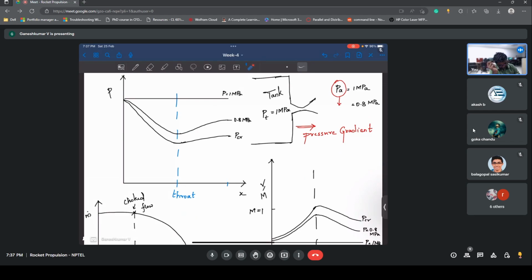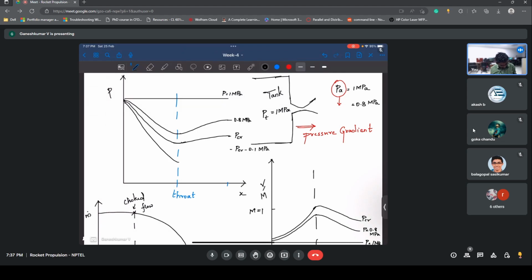Okay, so let me move on with this thought experiment. Let's say I have reduced it even smaller, say PCR minus 0.1 megapascal. Now what happens? You need to think: I have reached Mach 1, so once I reach Mach 1, I am not going to know what happened downstream, right?